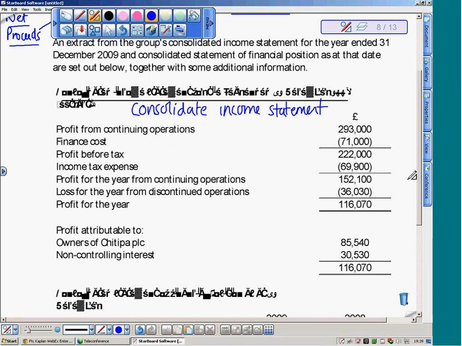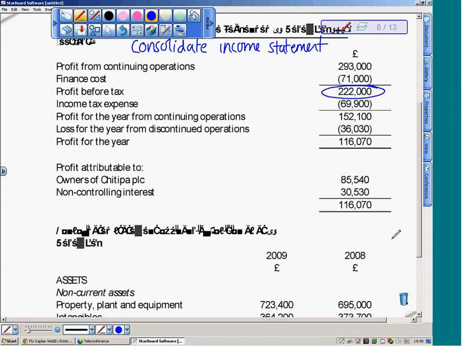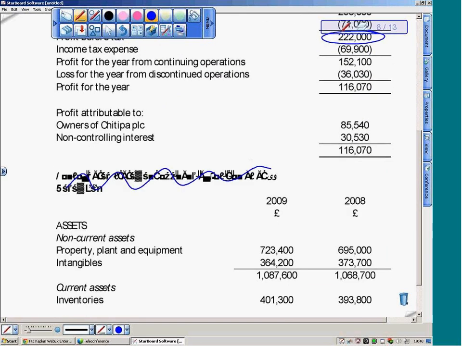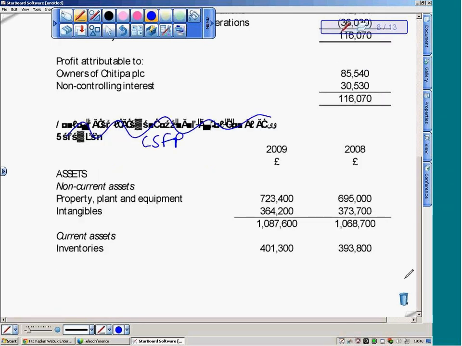Remember that when you do your indirect method reconciliation, the number you start off with is profit. It starts off with a profit before tax, so definitely that number is going to be relevant. What we have next is the consolidated SFP, and we have our non-current assets and current assets.